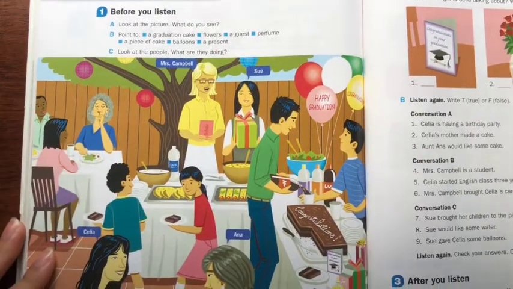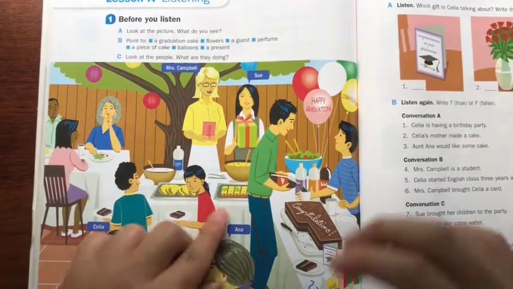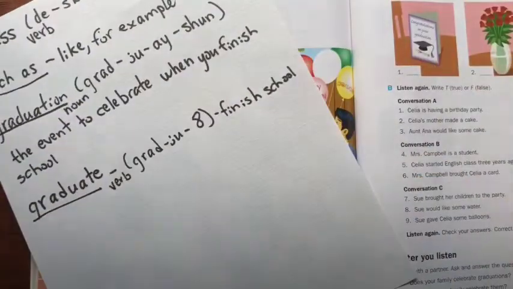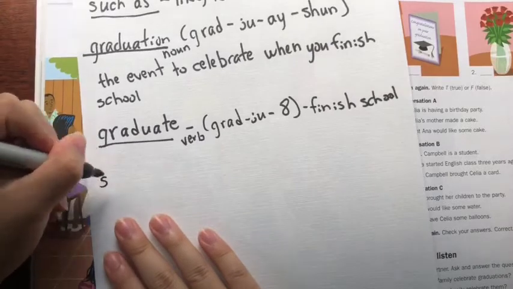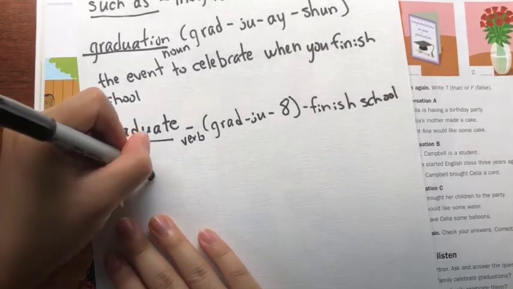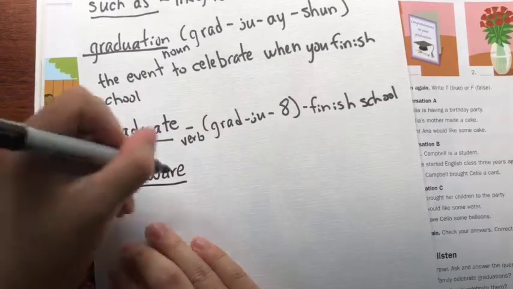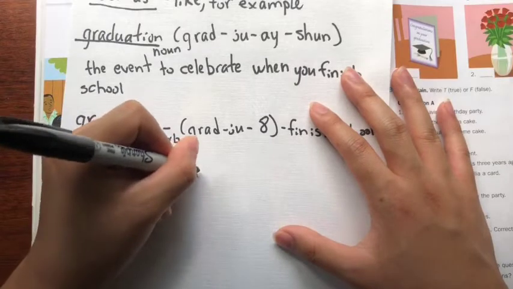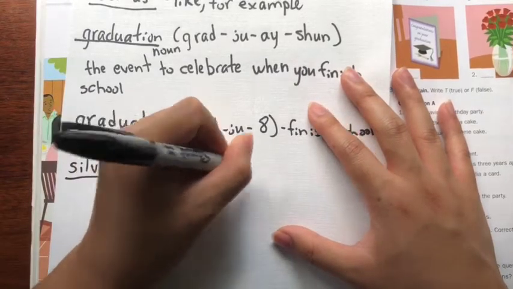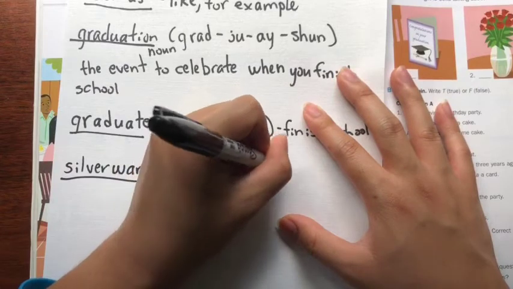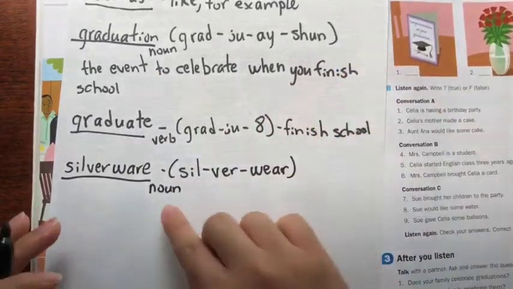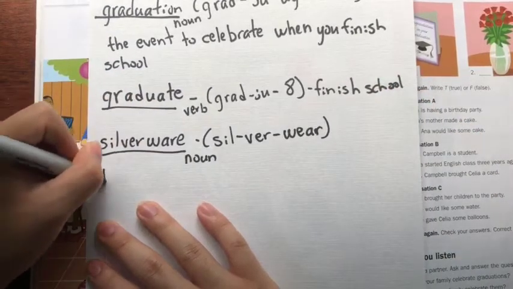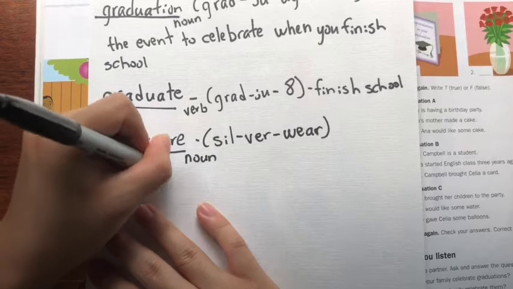Okay, what else is in this picture? Okay, we've got tables, we have food. Let's talk about the word silverware. Silverware, a noun. Silverware is tools to eat.